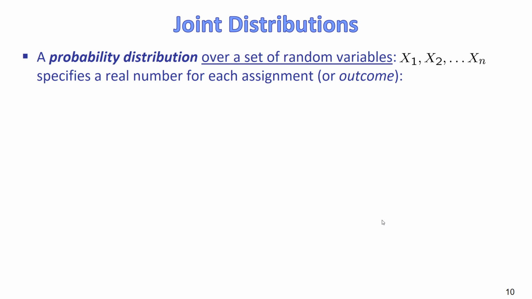Okay, and for each of these outcomes, we will again have the probability of the joint assignment of these values. And of course, since this is a probability distribution, the sum of all of these probabilities will be 1.